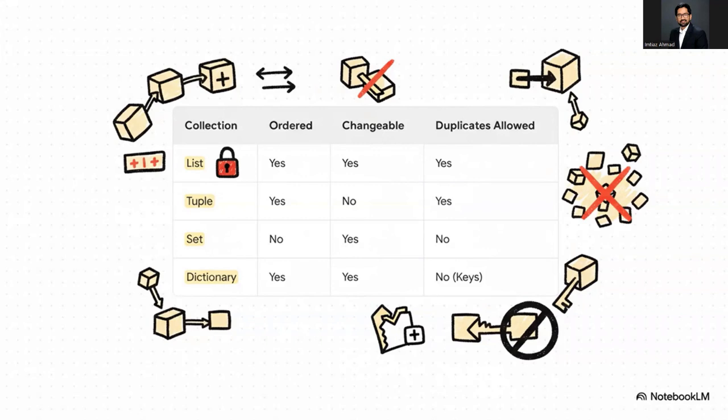They have no duplicates, but you give up any sense of order. And that brings us to dictionaries. They're ordered, they're changeable, and they have unique keys. So here's the bottom line. Whenever you need to connect a unique identifier to some piece of data and you want the freedom to change it later, a dictionary is almost always going to be your best bet.